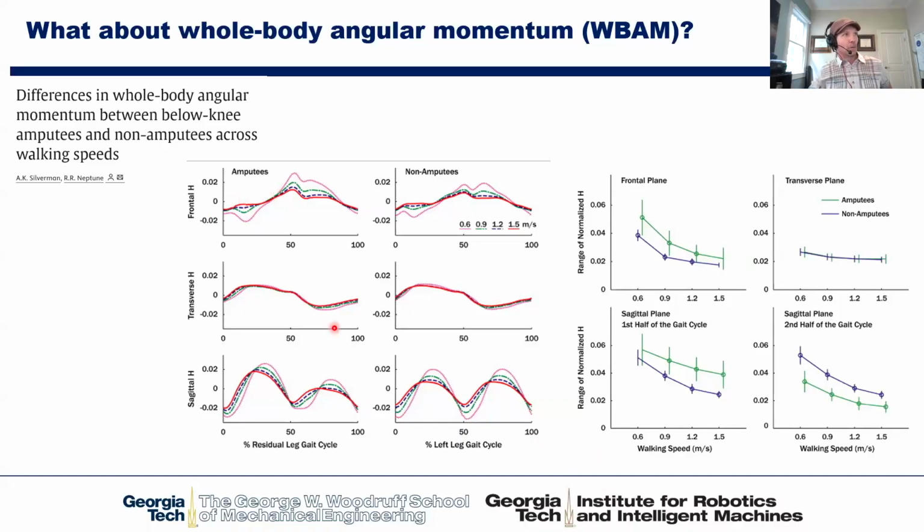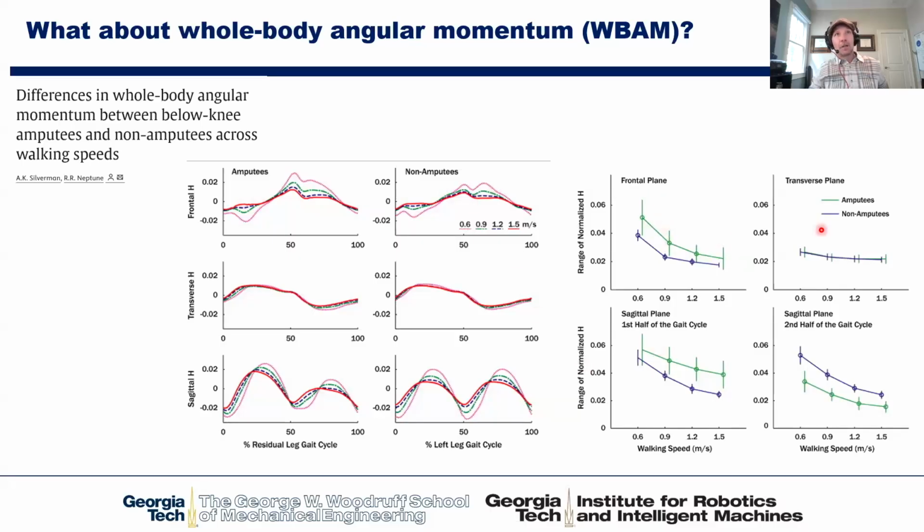And you can see here the angular momentum in frontal, transverse, and sagittal planes for amputees and non-amputees at different walking speeds. That's what the different colors are. And what you can already notice from the frontal plane, which is usually where the most fluctuation happens, is that at these slow speeds, amputees have a much larger amplitude of swing in their frontal plane angular momentum than non-amputees.